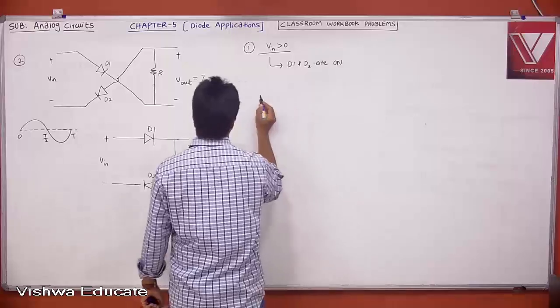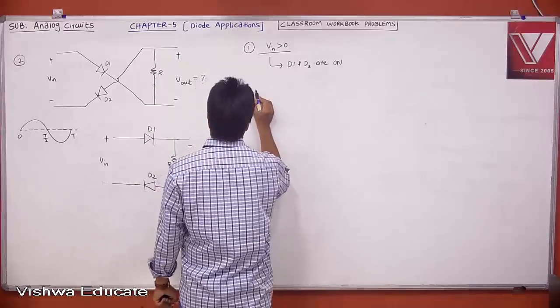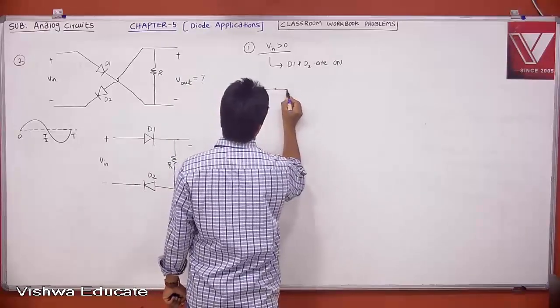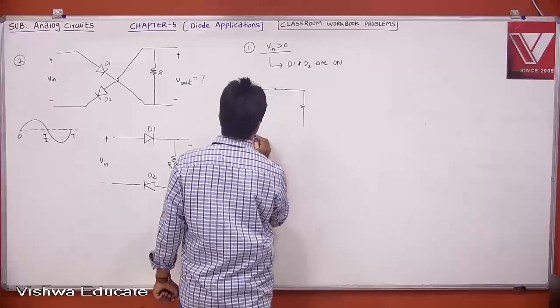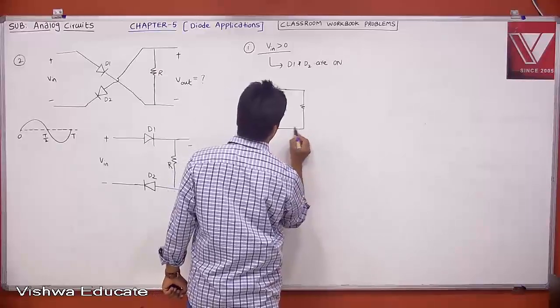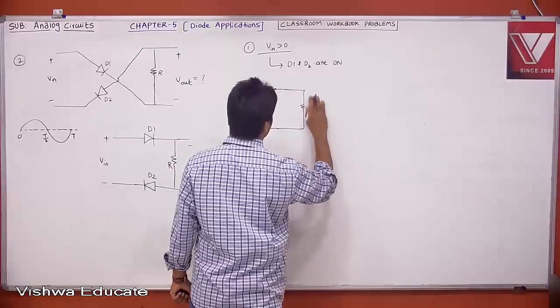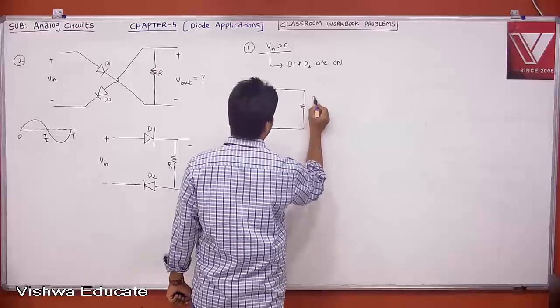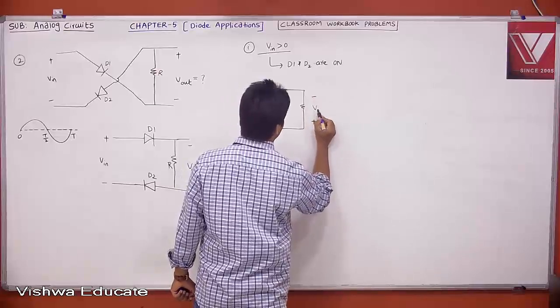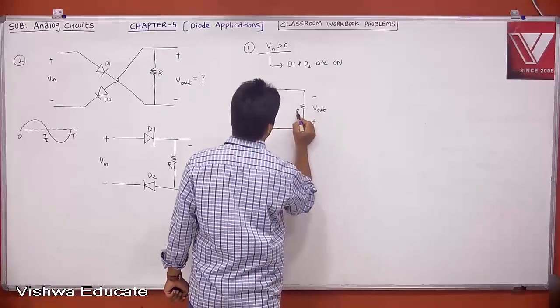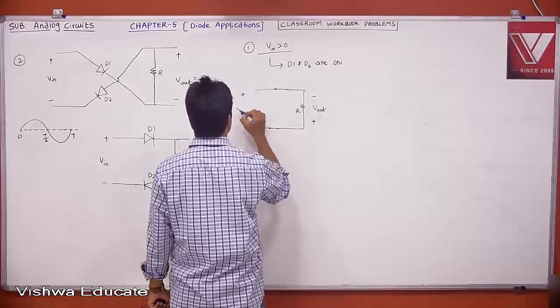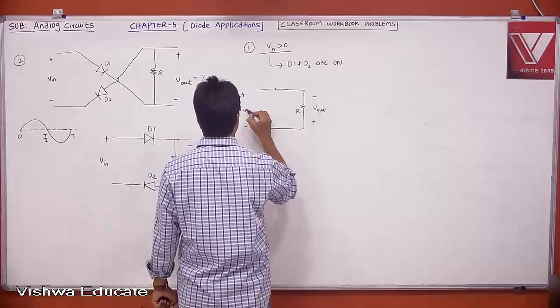If they are on, what is the circuit? You can take them ideal, right? Then the circuit will be minus plus V out, this is your R, and this is plus minus V in. Then KVL.